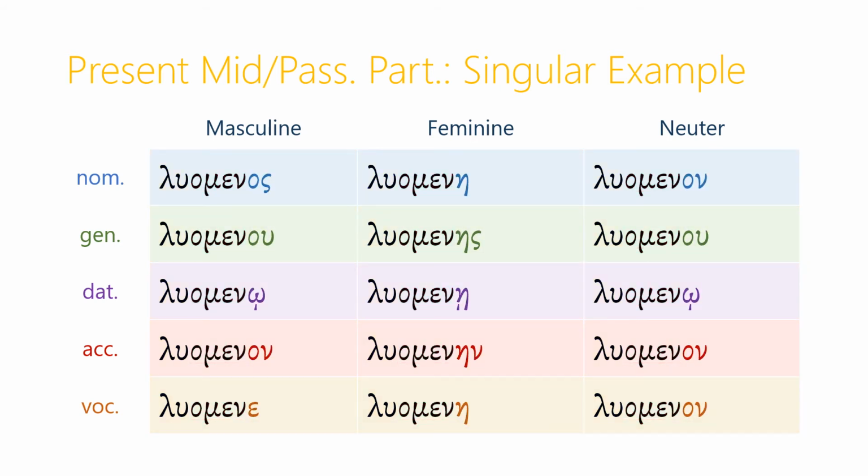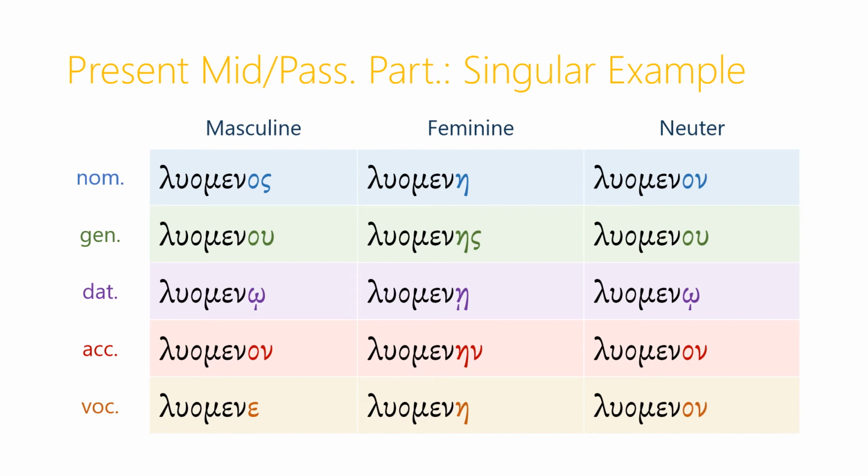And then after that, we just add our regular noun case endings. The one thing to remember, again, is that in the middle passive, we're going to use second declension endings for the masculine and neuter instead of third declension endings. So we're going to have luomenos, luomenu, luomeno, luomenon, and luomene in the masculine, for example.